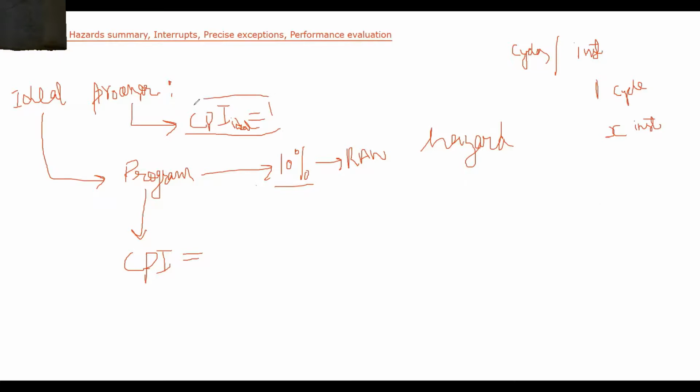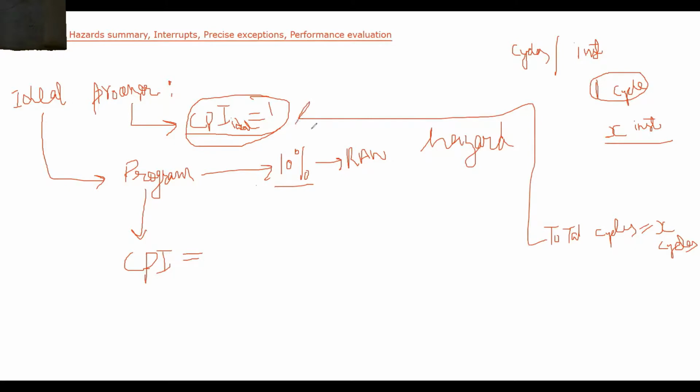So the total cycles required to run those X instructions will be X cycles, because for one instruction we require one cycle. This was in the ideal scenario when we don't have any hazard.